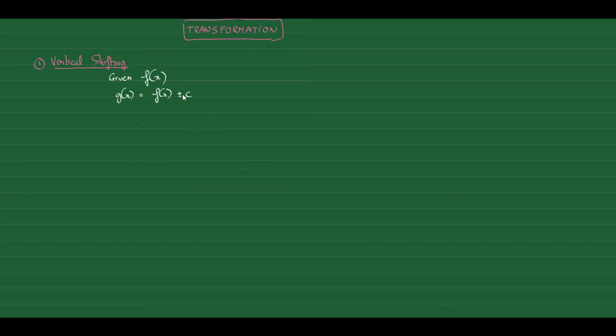If you add the c value to the original function, then it means it's shifting upward. So plus means shifting upward and minus means shifting downward.